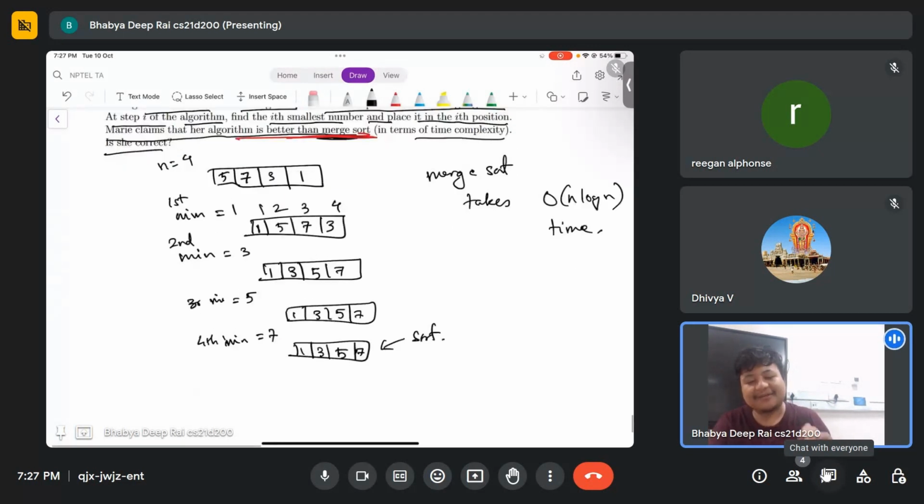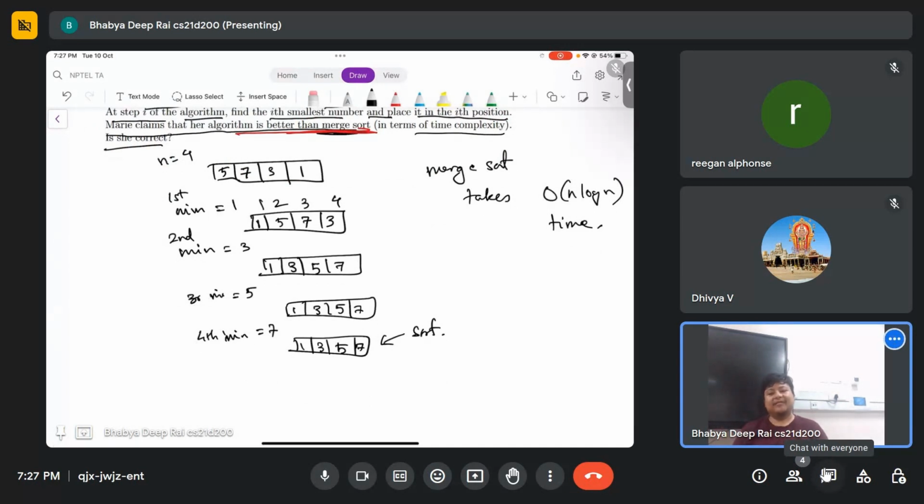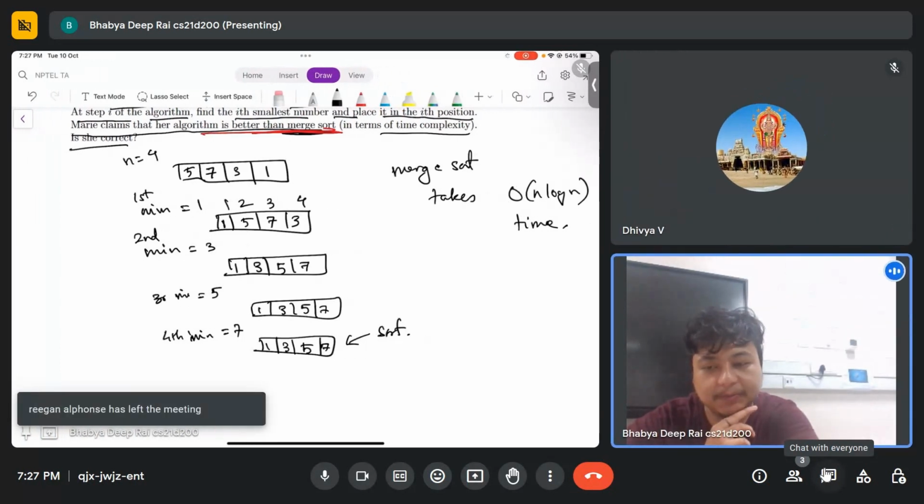So is it true that this algorithm is better than merge sort? Can you tell me? Is it true that the algorithm that Marie has come up with is better than merge sort?